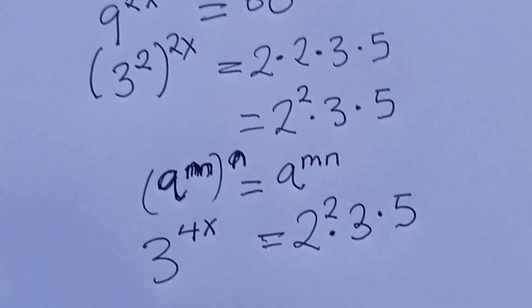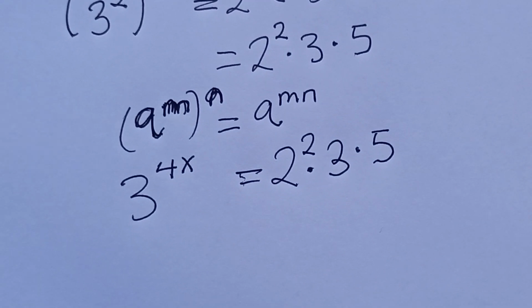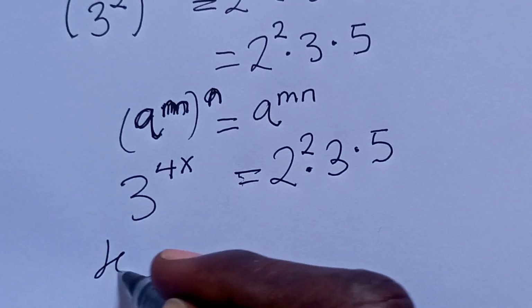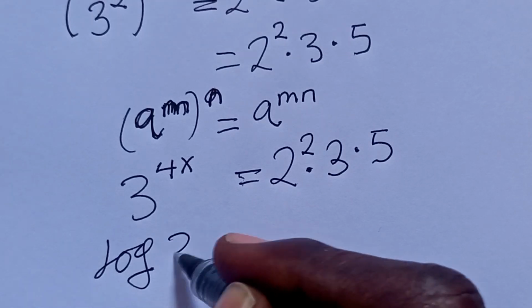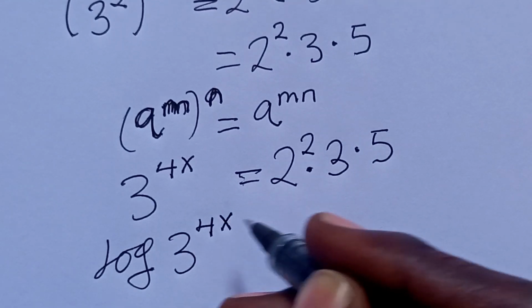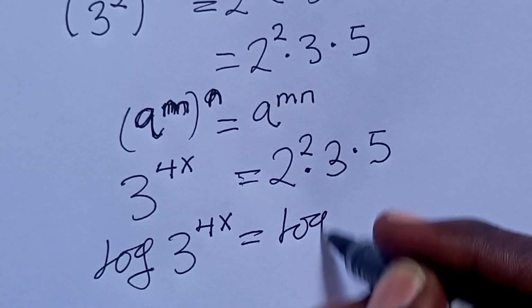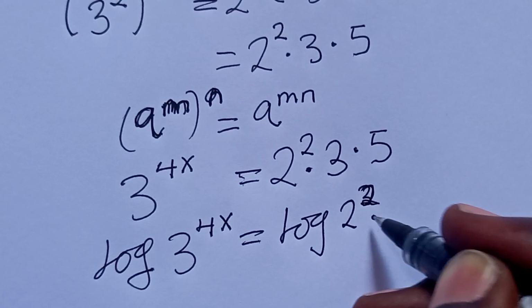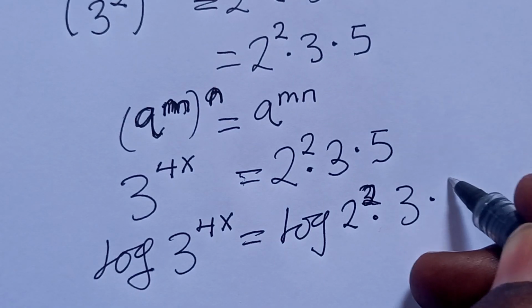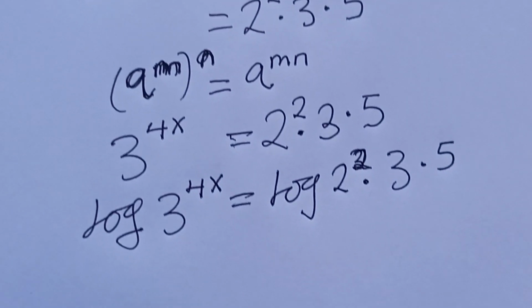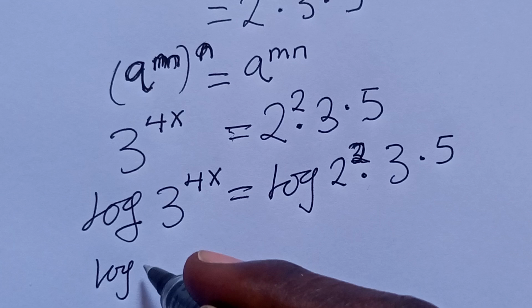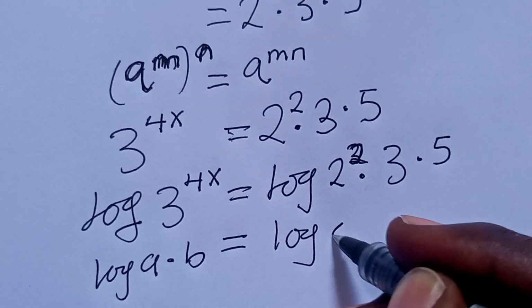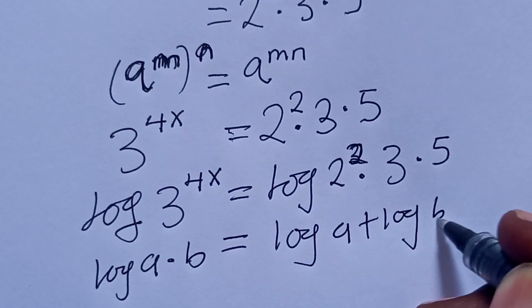So now, if this is what we have, let's apply log on both sides. So we have log 3 to the power of 4x equals log of 2 to the power of 2 times 3 times 5. But remember, log of a times b is the same thing as log a plus log b.